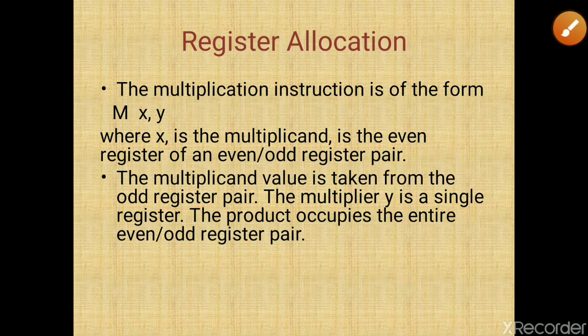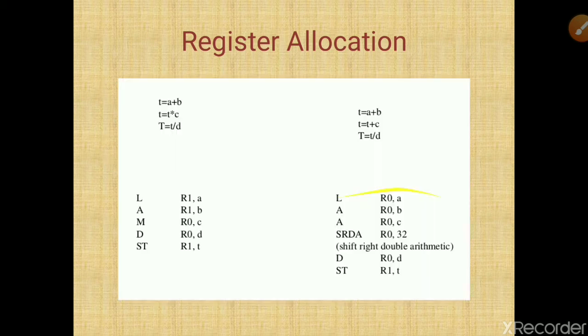The product occupies the entire even and odd register pair. So that is the register allocation process of multiplication or any other operations.